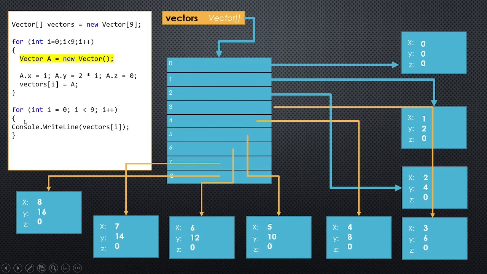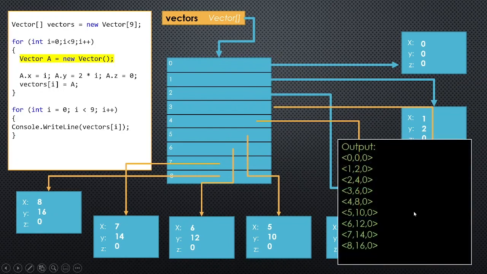When I loop through here, I am dereferencing each individual reference, and thus getting the output I expect. So hopefully that's helpful in explaining how reference variables can be a little confusing the first time you use them, because you're creating the reference variable on the left-hand side of a declaration statement. And then when you say equals, you're assigning it a location to point to, not specifically a value.